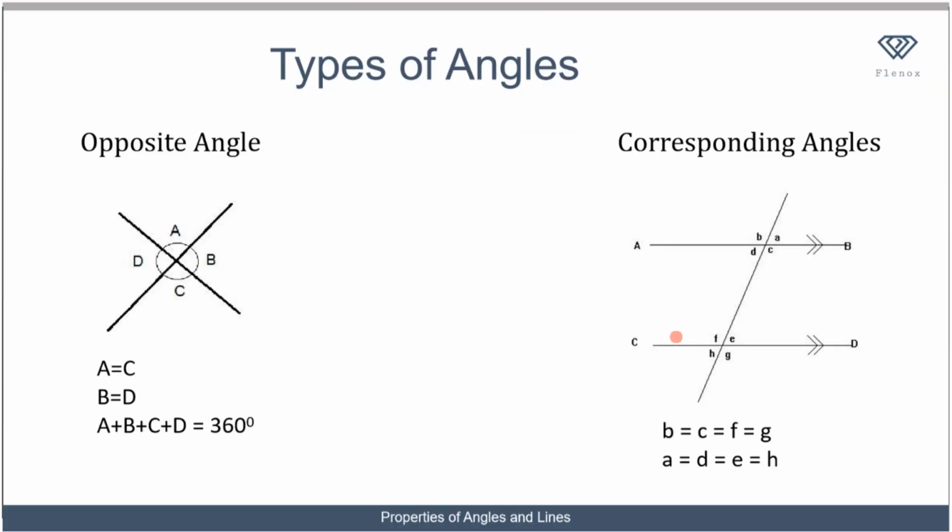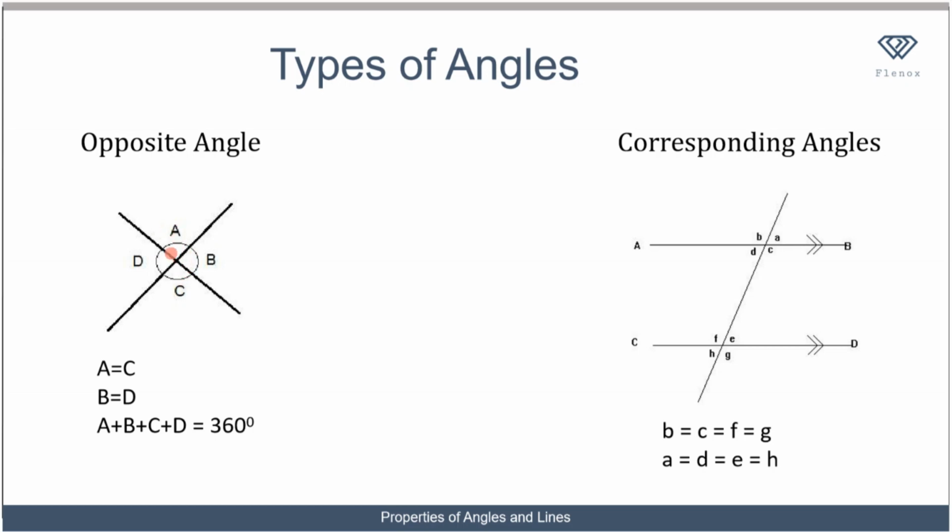So let's consider some properties of angles. The first one that we'll look at is opposite angles. If you look at these two intersecting lines over here, you can see that the angles between them have been labeled. The angle between these two lines over here is A, the angle here is B, here is C, and here is D. So the opposite angle rule tells us that the opposite angles when two lines intersect are always equal.